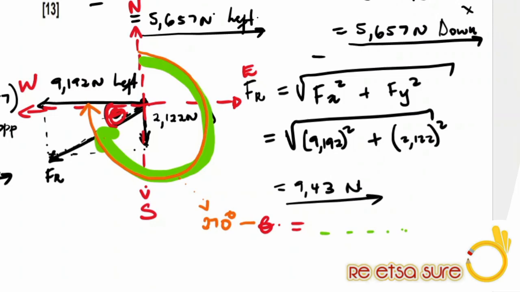Okay? So now let's check. The side that is given relative to the angle is the opposite one. And this side that we have of 9,192 Newton is our adjacent side. So in terms of the trigonometric ratios, I'm having the opposite side and the adjacent side, so the ratio that I'm going to use to determine the angle is tan.